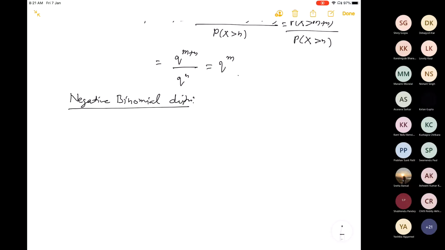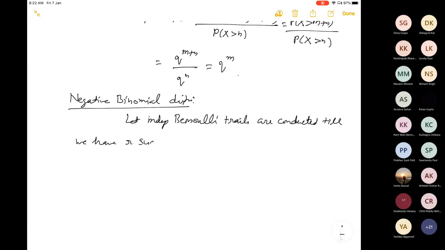Let independent Bernoulli trials be conducted till we have r successes.